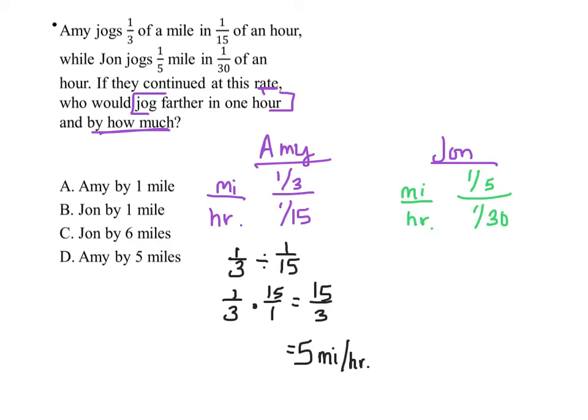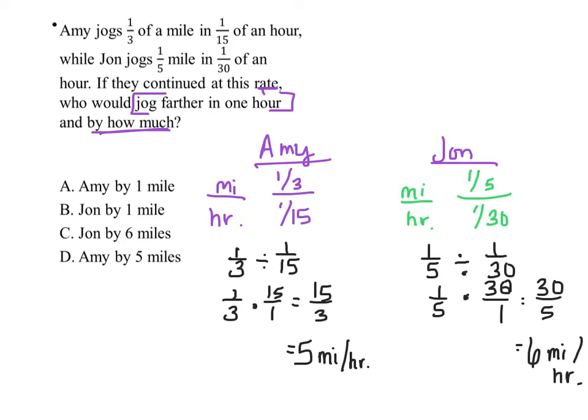Now let's go to John. Unit rate, got to divide. 1/5 divided by 1/30. Keep, change, flip. 30/5 equals 6. So he jogged 6 miles per hour. So if he jogged 6 miles per hour, Amy only jogged 5, that means John is faster.